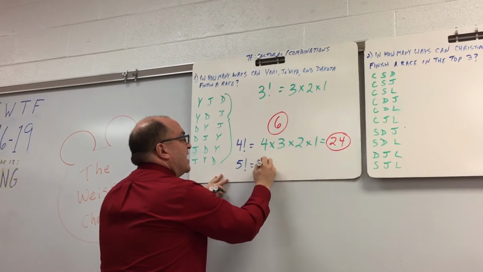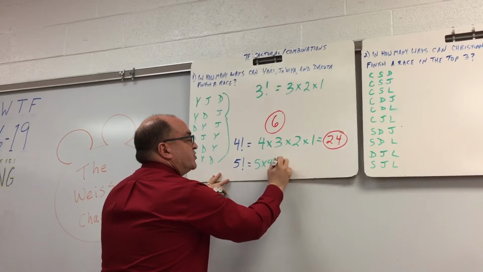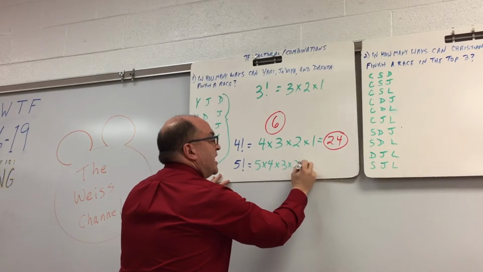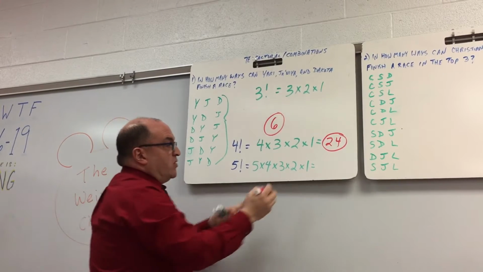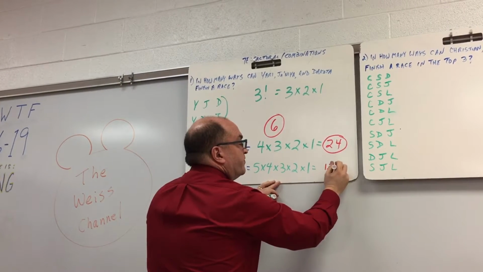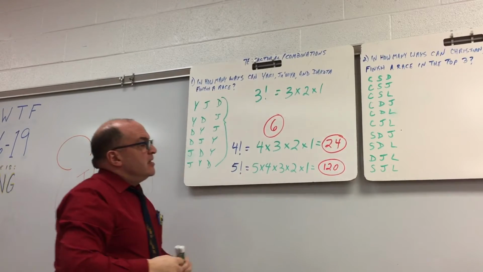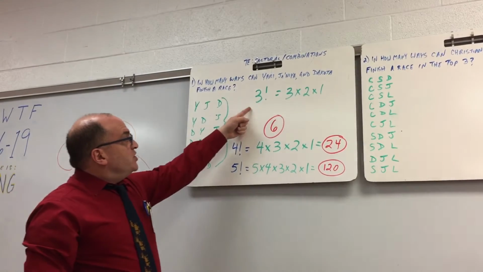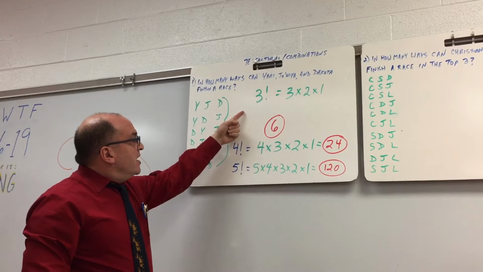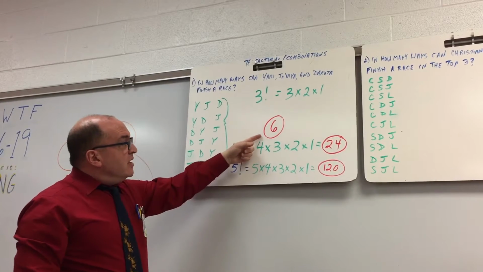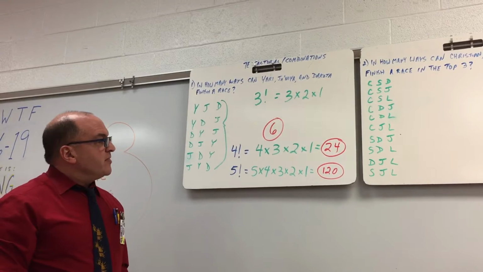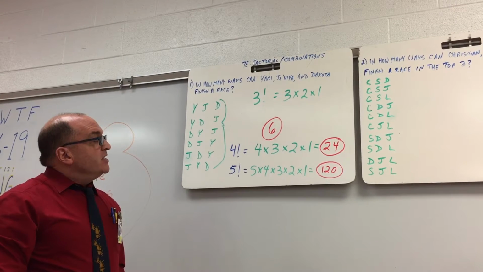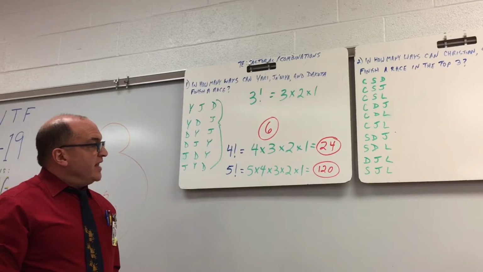Exactly. 5 times 4 times 3 times 2 times 1, which would be 120. As you can see, with each increase of factorial by 1, the numbers increase very quickly. Okay? All right, so that is how factorial works.